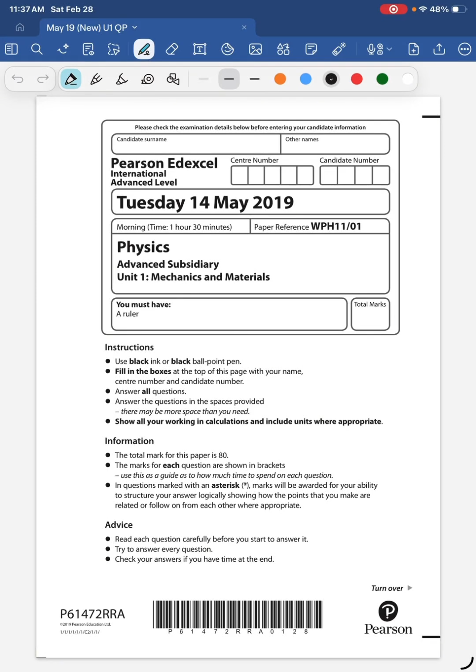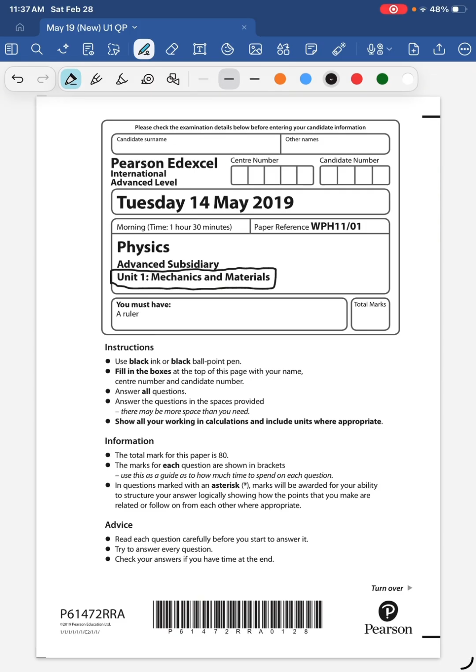Today we are going to go over the May 2019 paper for Unit 1, Mechanics and Materials. This is from the Advanced Subsidiary level, so the Year 12 students.